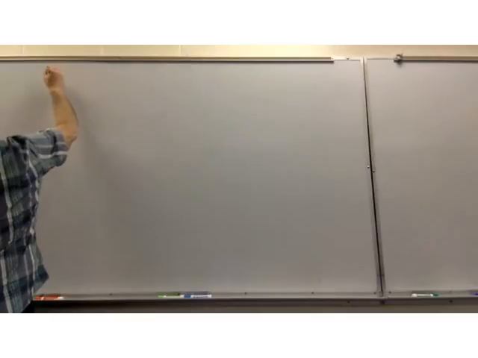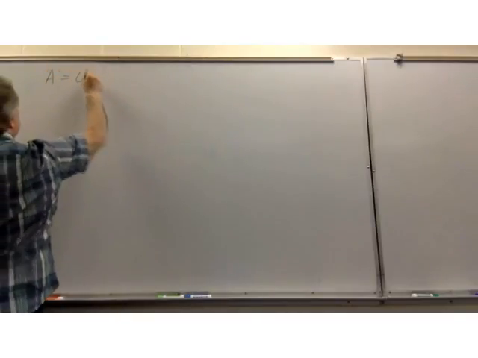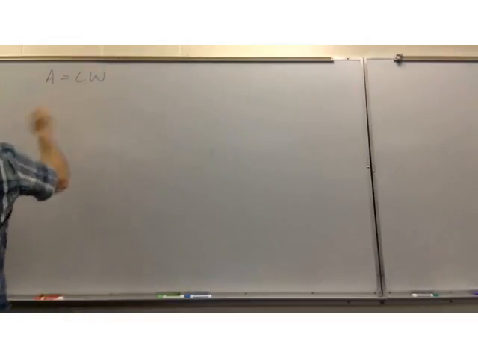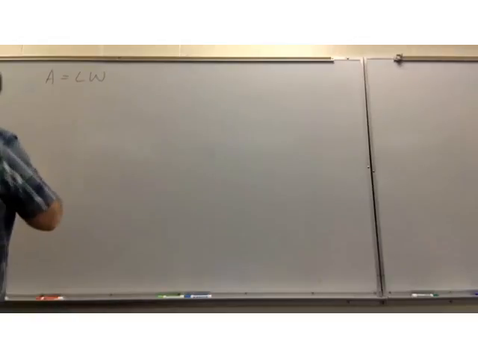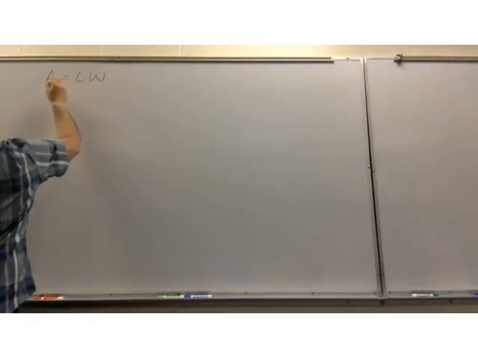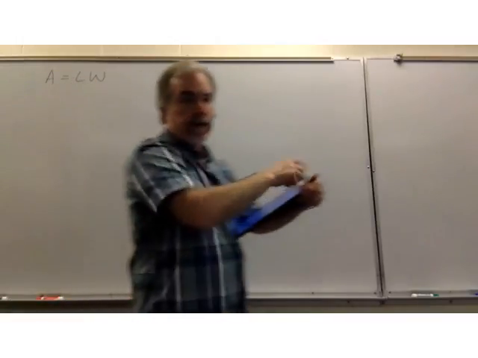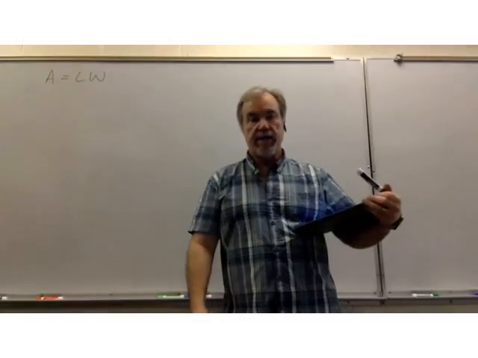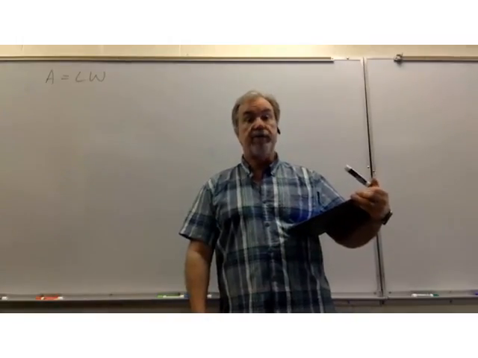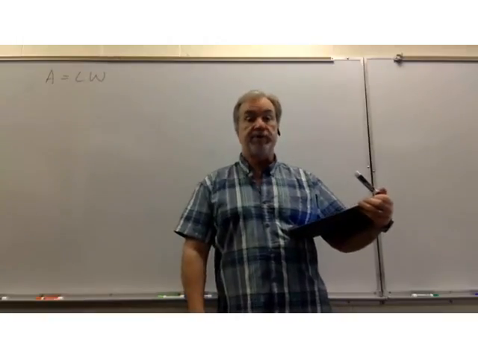So area, the area of some object, call that capital A, is calculated by multiplying its length times its width. The thing is, though, what I should be writing here, let me make it clear what I'm calculating. What I'm about to calculate here for you is the change of area, or the final area of the object after its temperature has changed.